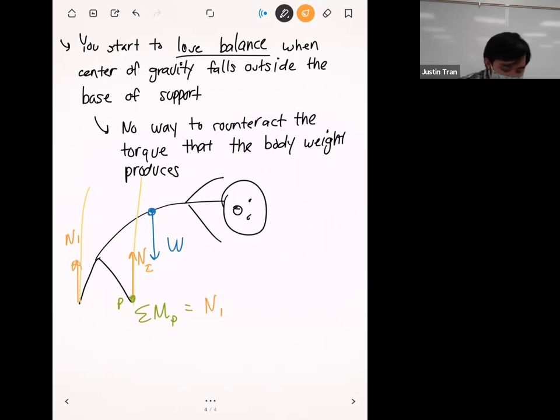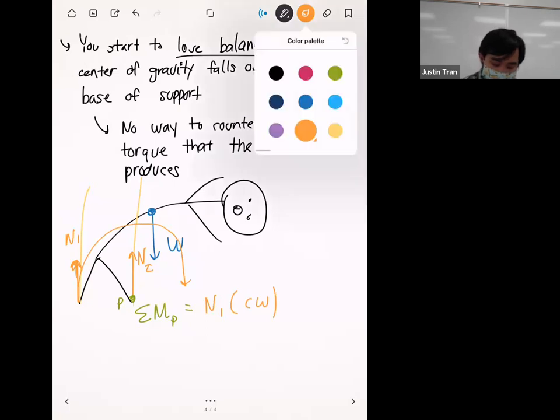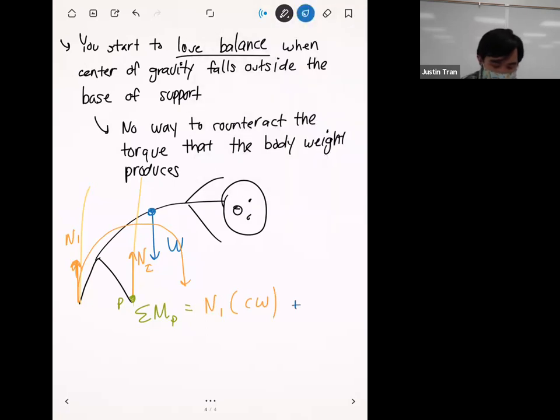N1 you can see is pointed upwards, and if we draw a line like this, we can see that it's going to produce a clockwise moment. And to that, we're going to add the contribution from the weight. You can see here that now that the weight is on the right side of your foot, outside of the base of support, it's also going to contribute a clockwise moment.